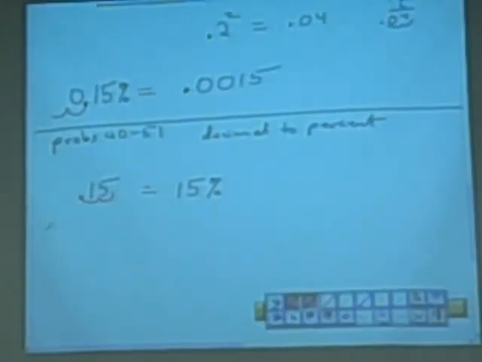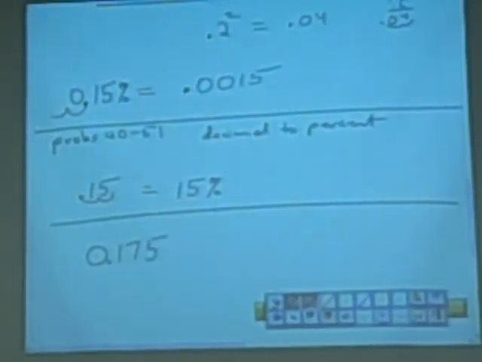Okay? So if we had something like 0.175 as a percent, or as a percentage, we're moving that decimal point again 2 places and stopping. So as a percent, we have what now? 17.5. And you have to put the percent.